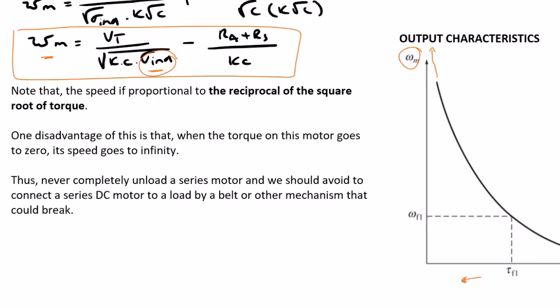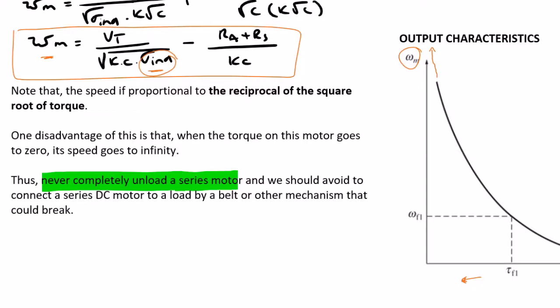So what we learn from this is that we should never completely unload a series motor, and we should avoid connecting a series DC motor to a load by a belt or other mechanism that could break.